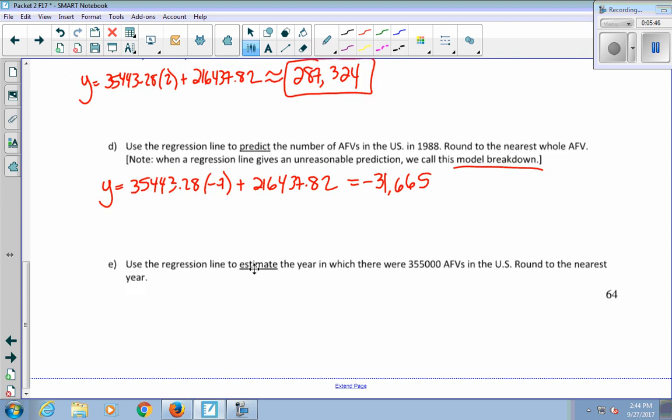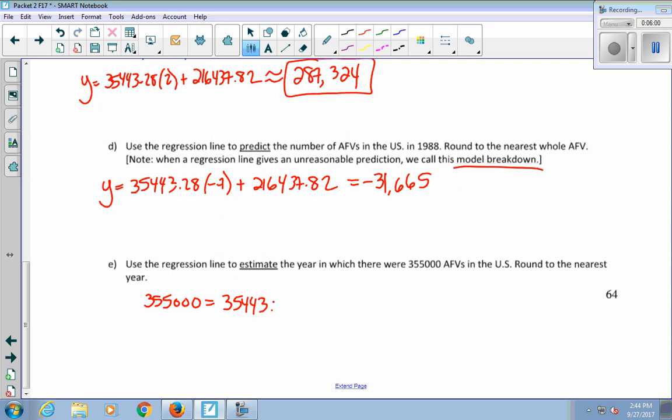I would like to estimate now the year in which there are 355,000 AFVs. That is a y value, so I'm going to put 355,000 in for y, and I'm going to be solving for x. Some quick arithmetic here. First, I'm going to subtract 216,437.82 from both sides.